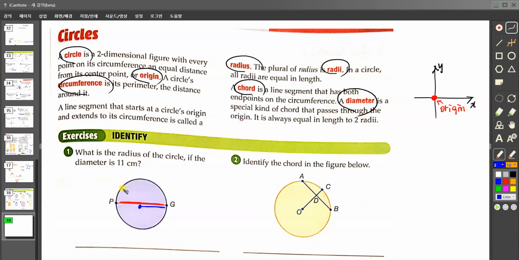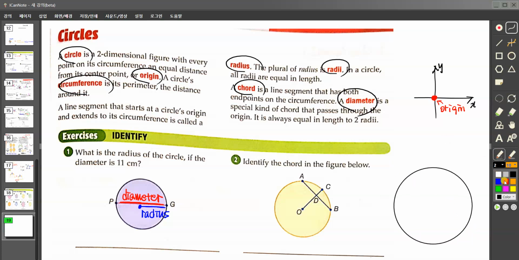Half of diameter. The blue line is chord. Half of diameter. Chord. A radial. It can be a chord, one of the chords, but in this case, radius. Oh. More proper. And the red line is diameter.